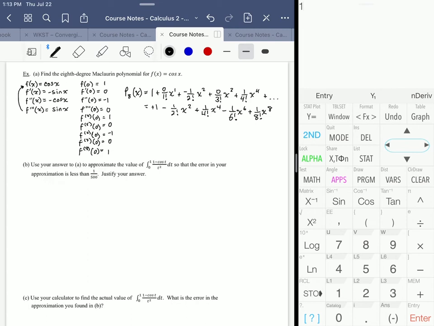Now for part B, it says use your calculator to approximate the value of the integral over the interval of 0 to 1, so that the error in your approximation is less than 1 over 500. That's a little on the strange side, but we'll play along here. It's an alternating series.